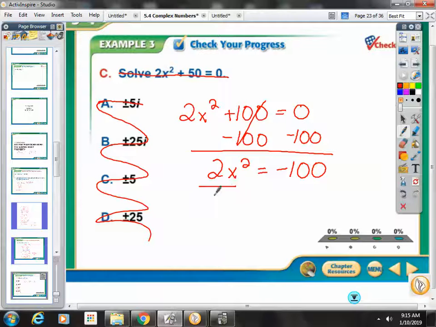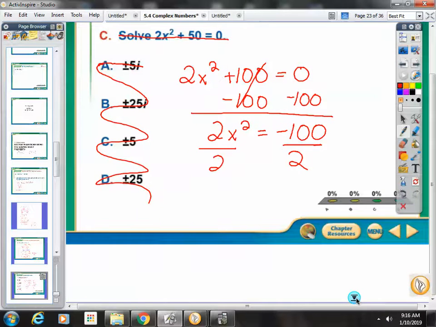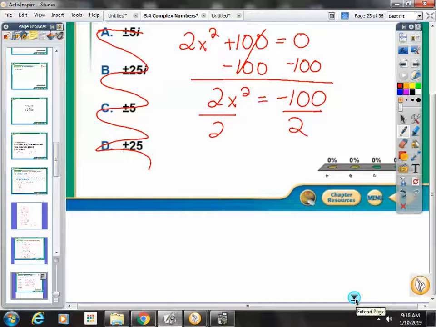We can't take the square root too prematurely. We have to have x squared by itself before we can add in that square root. So don't get square root happy on me. Divide by 2, we have x squared equals negative 50. Now that x squared is by itself, we can take the square root of both sides.